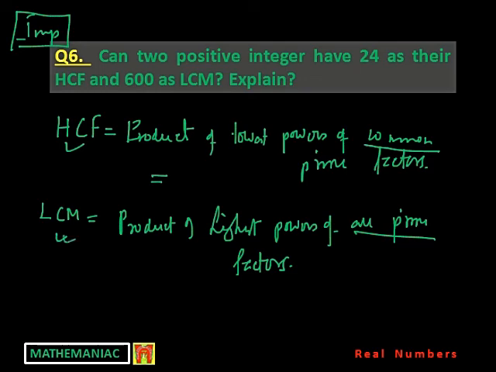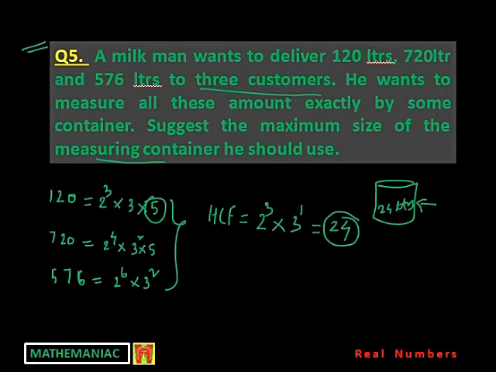Yes, exactly, because here it is only the common factors and here it is all factors. In fact, I can go back to the previous slide. See, if I find HCF, I have to take 2 and 3 and the lowest powers. If in this problem I only had to find LCM, I would choose all the factors, right? 5 will also be coming, which is not here. That means whatever prime factors you got for HCF are also necessarily coming in LCM.